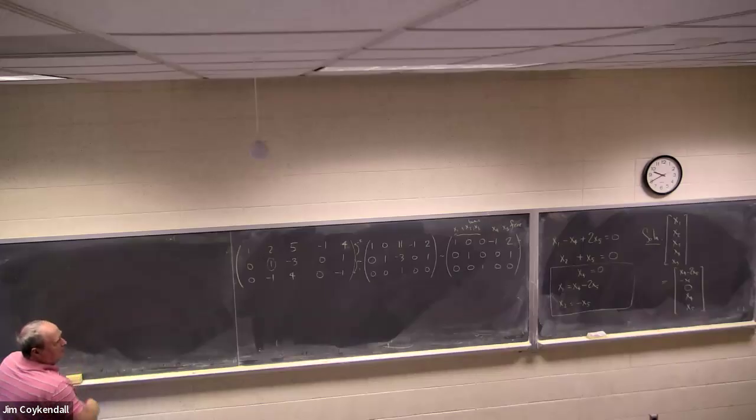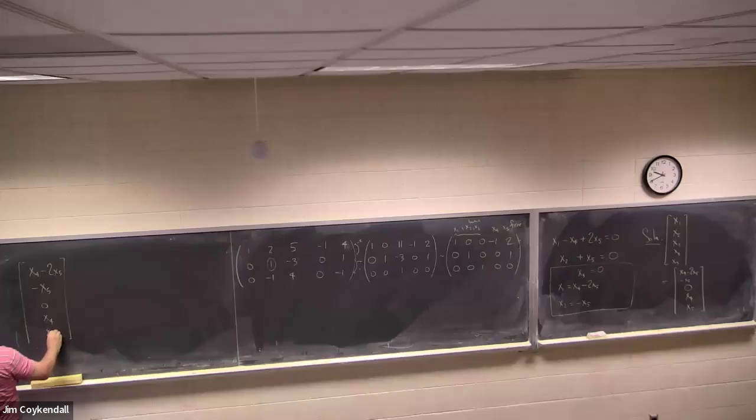Notice, by the way, this allows me to write it this way. So I have X4 minus 2X5, minus X5, 0, X4, X5.